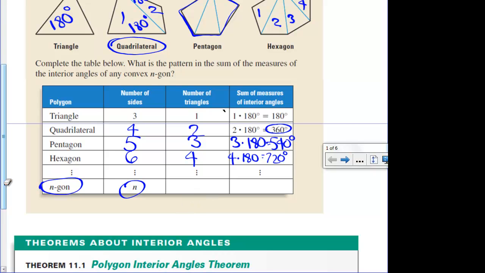Well, how do we go from 4 to 2? Some people will say divide by 2, some will say subtract 2. Look at the divide by 2 possibility. If you divide 5 by 2, do you get 3? No. So it's not going to be divide by 2, it'll be subtract 2.